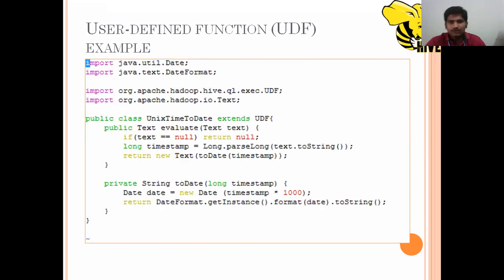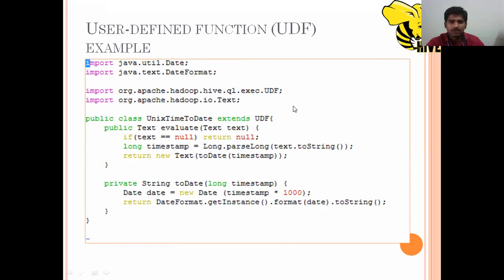Then user defined functions. For example, there is a simple Java code. So util.date, and we already said that these functions are under the package org.apache.hadoop.hive.ql.exec. This is the package where we can create our user defined functions.